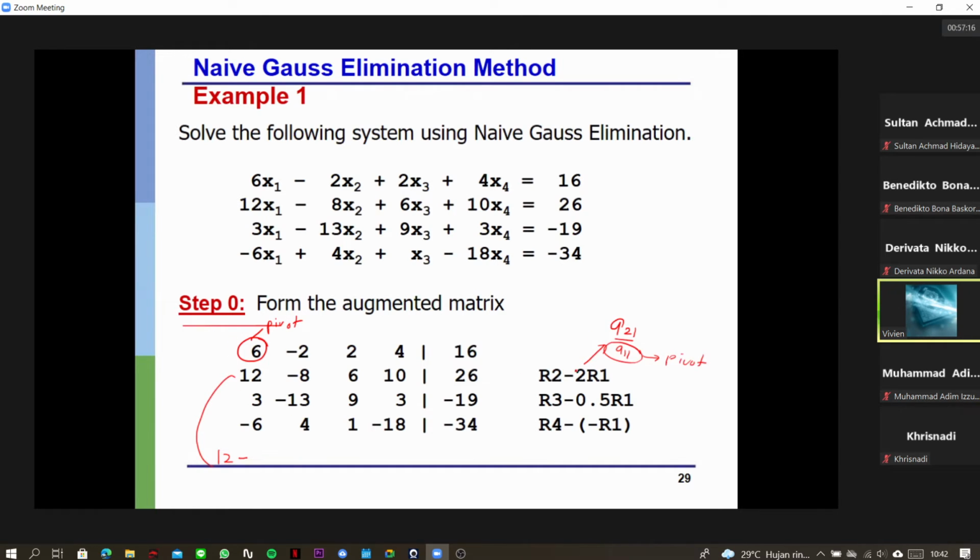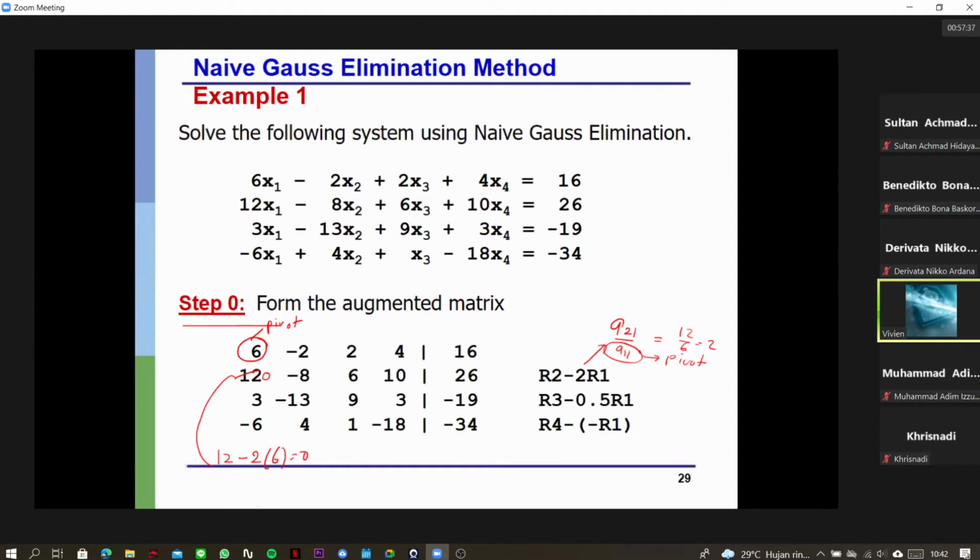Because 12 over 6 is 2, R2 minus 2 times the first row, which is 6, will be 0.